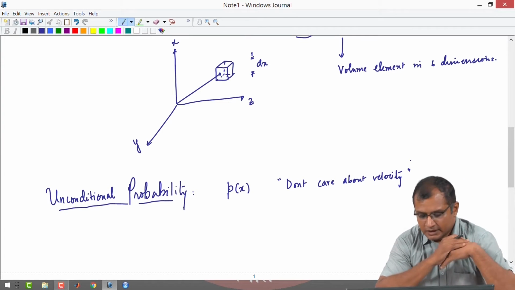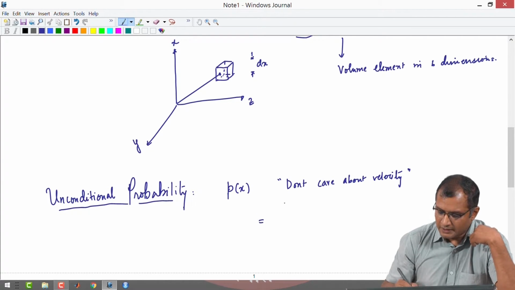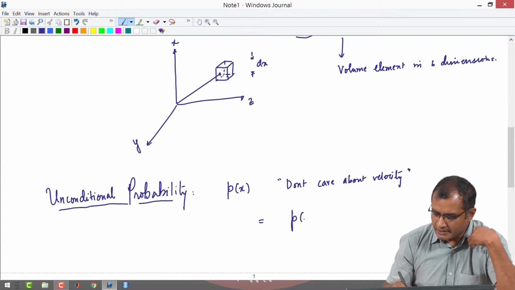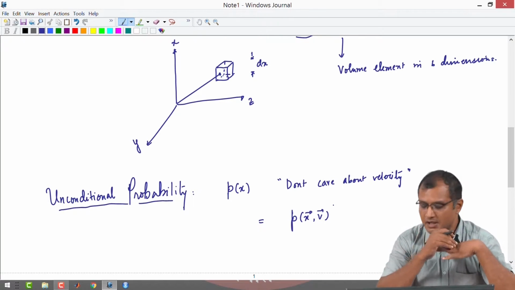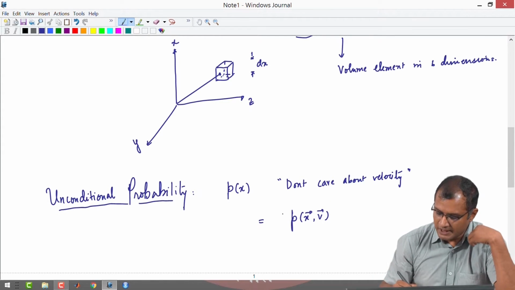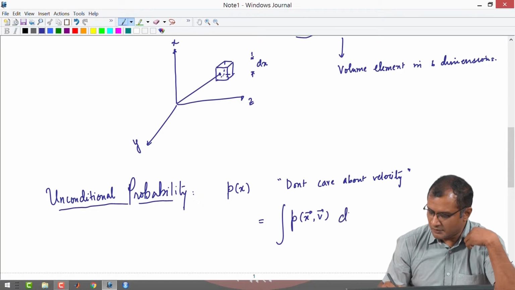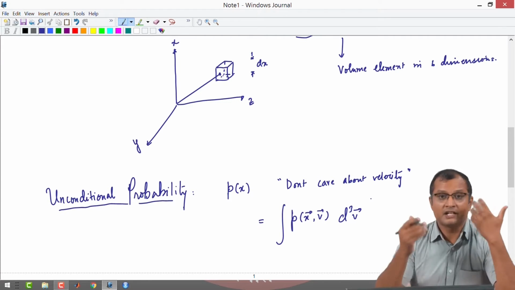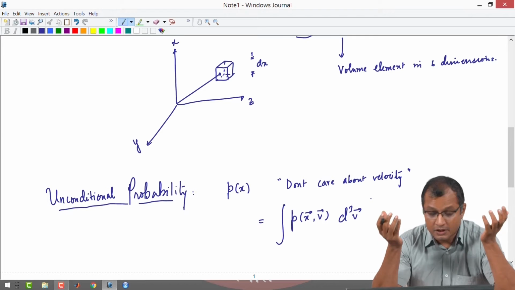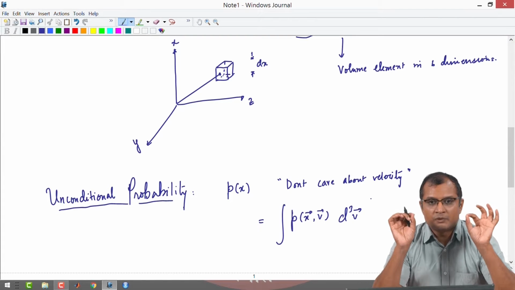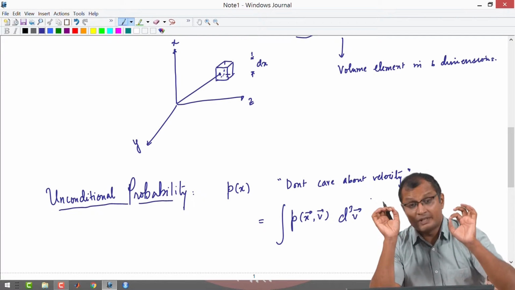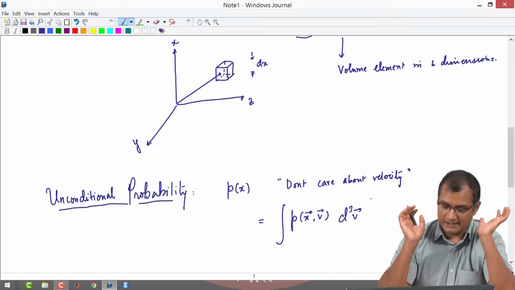You're saying that I will take the joint probability density, one that has all the information of positions and velocity, and I'll simply integrate this over all possible velocities, because I don't care what the particle's momenta or velocity is. All I want to know is the probability density of finding a particle in the neighborhood of x.